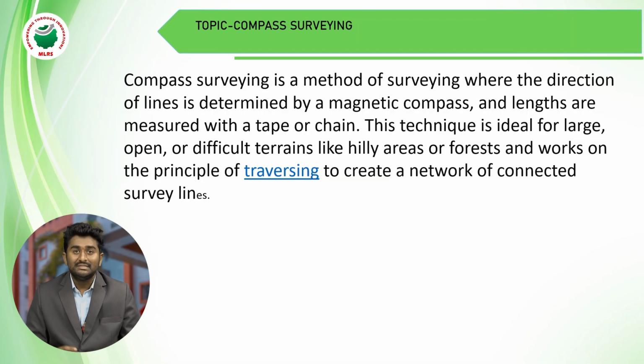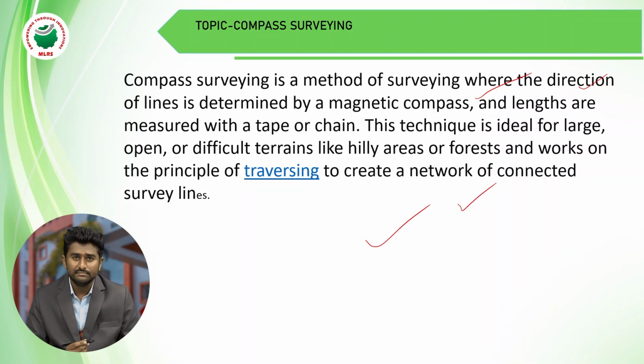Next, what is the definition of compass surveying? The survey used for determining directions and angles on the ground surface with the help of a compass is known as compass surveying. Compass surveying is preferred for areas where it is difficult to see, to survey land like forest areas, hilly areas, terrain areas, etc. The main principle of compass surveying is traversing.